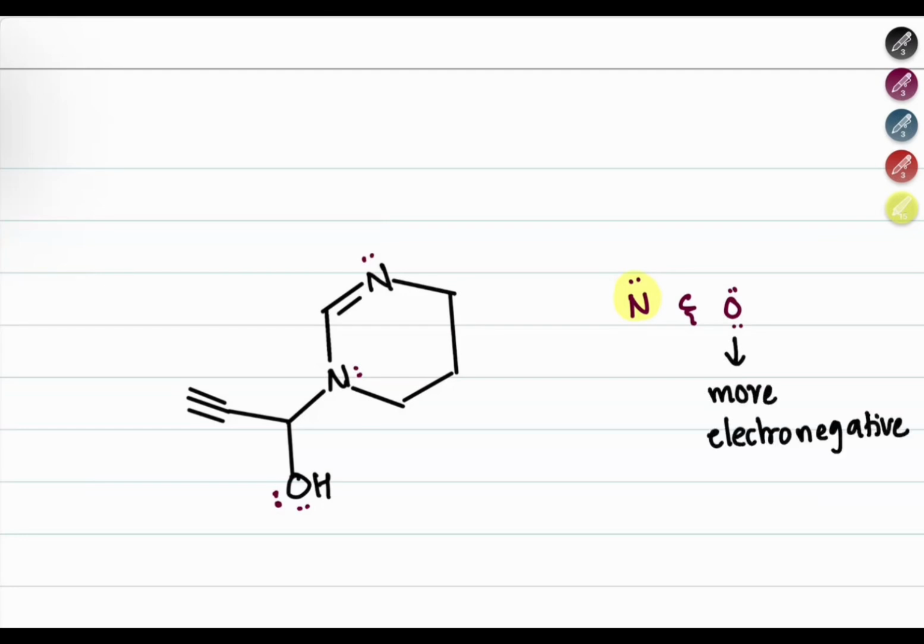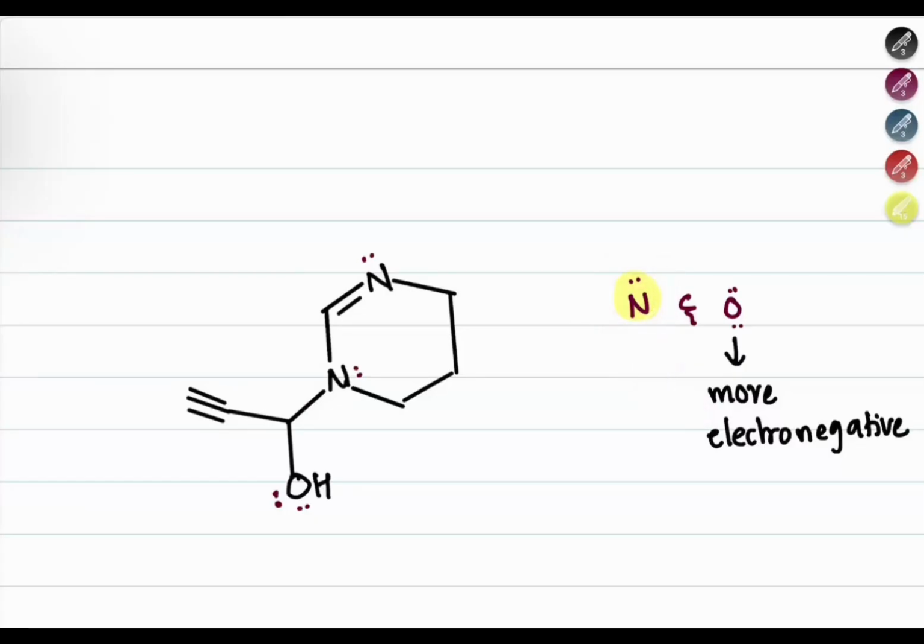So due to the high electronegativity of oxygen, it has a low tendency to donate its electron pair. The nitrogen, having less electronegativity compared to oxygen, will be more basic.